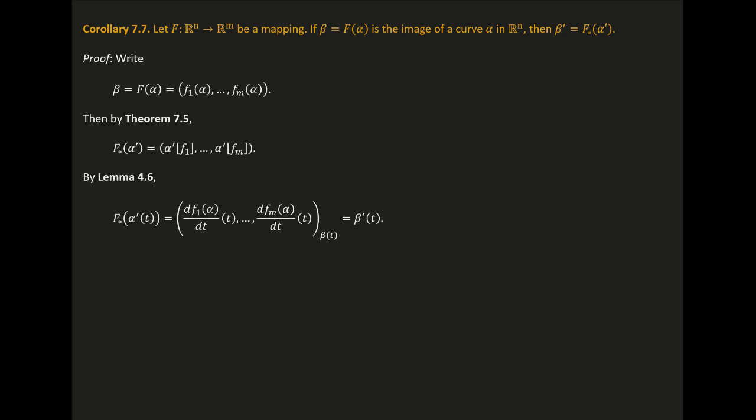By lemma 4.6, we can rewrite each of these directional derivatives as just proper derivatives of the curve alpha evaluated at beta of t, and this is, by definition, beta prime of t.